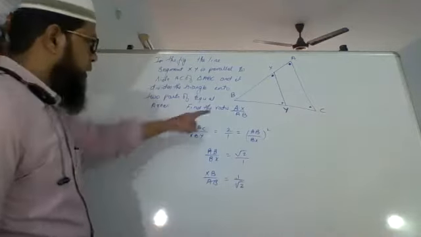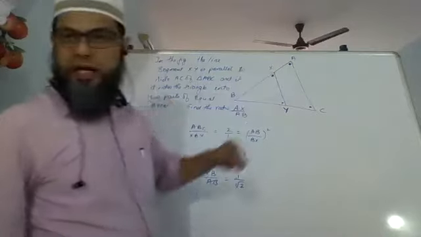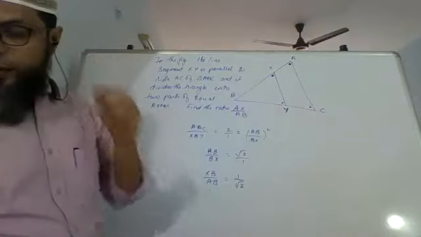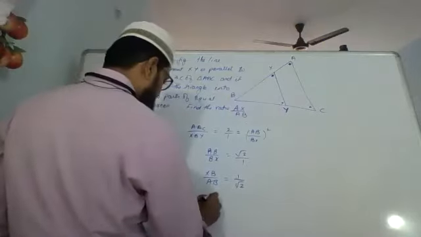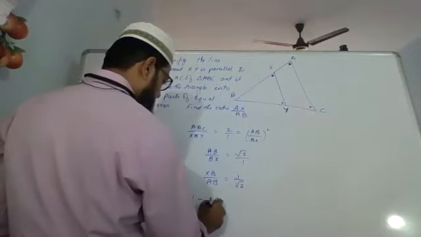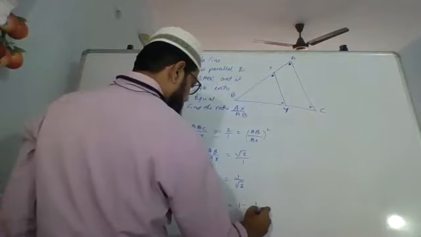Okay. Now I want AX and not BX or XB that I've got. That I don't want. So I'm going to say 1 minus XB upon AB equals 1 minus 1 upon root 2.